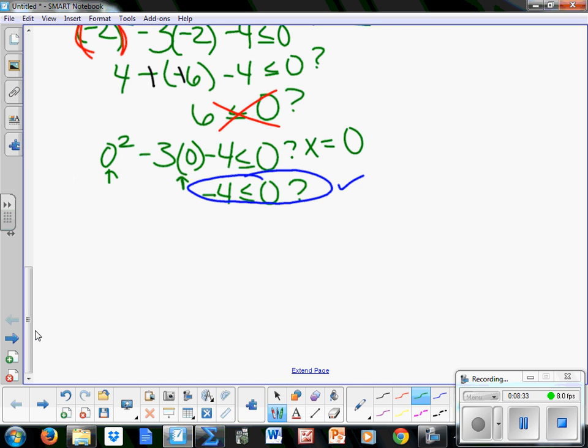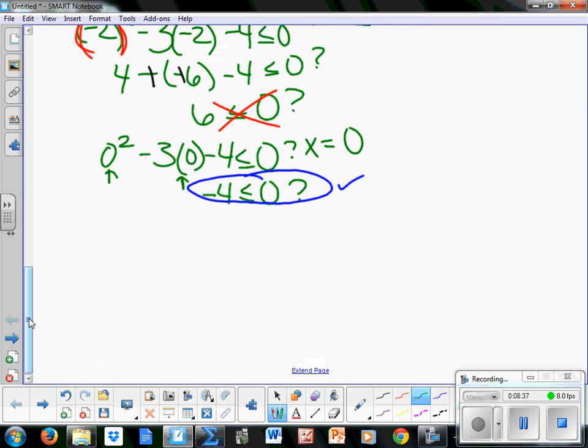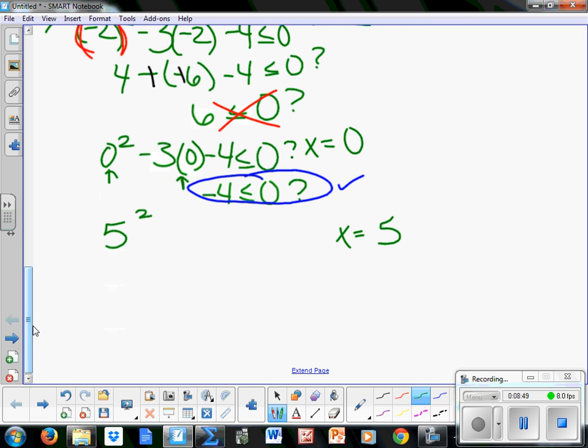Now we're going to pick one point again to the right. We need to pick to the right of 4, so I'm going to pick x equals 5. I'm going to plug it in, and remember, I'm plugging this into my original inequality to find out if that's true.